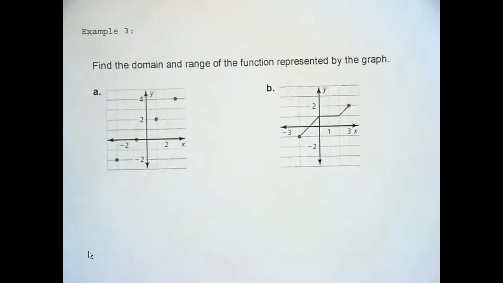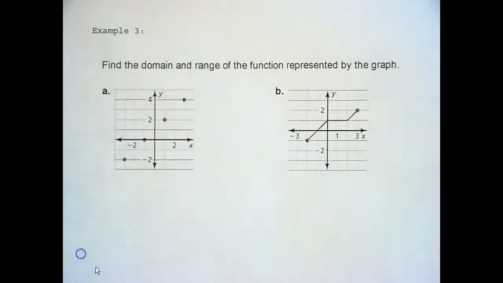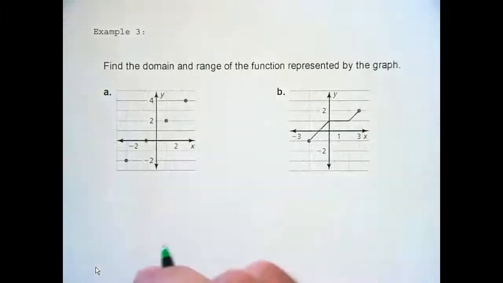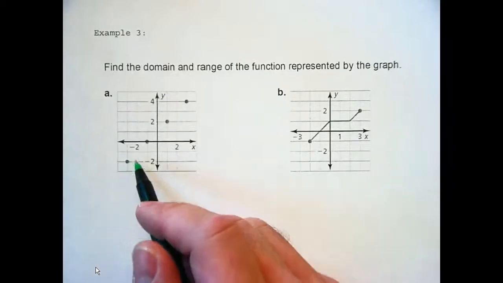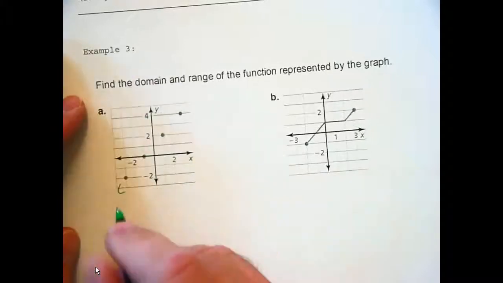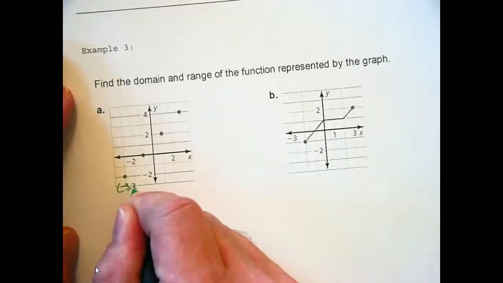Find the domain and range of the function represented by the graph. Work with your partner. You get about a minute to try your best on it. So Sarah's question, why can't we just call them X and Y? Well, there are multiple X's and Y's. So this has a coordinate of what? -3 and positive.